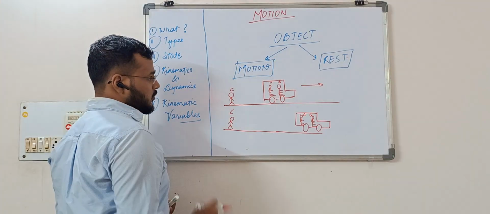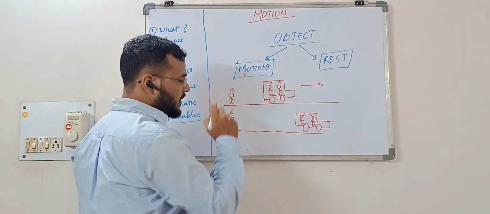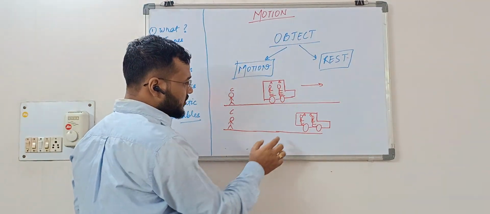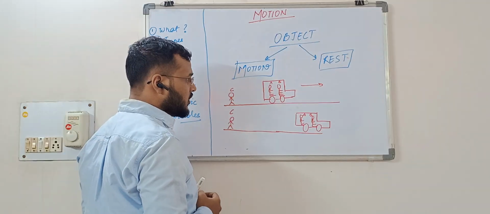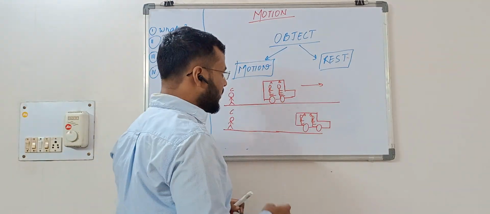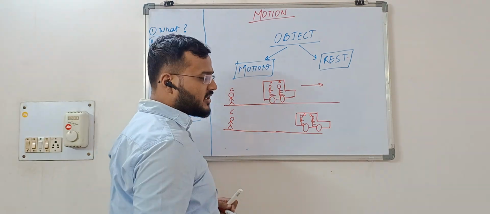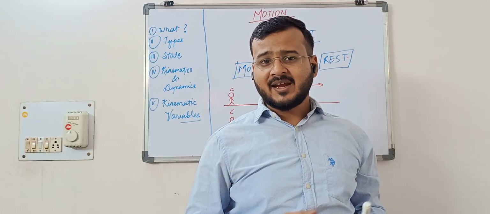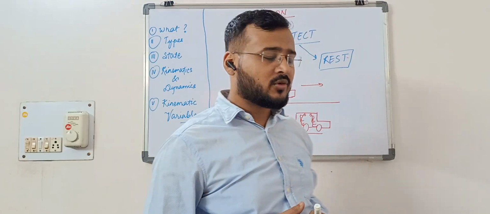So now, if A was looking at B, he would find that in that time duration, B has not changed his position because the distance between A and B has remained the same. If B turns around and looks at A, he will find that A is sitting right behind him and has not changed his position, right?